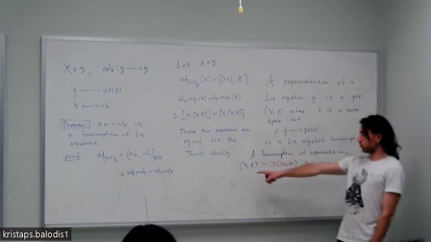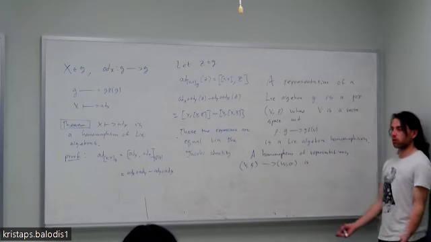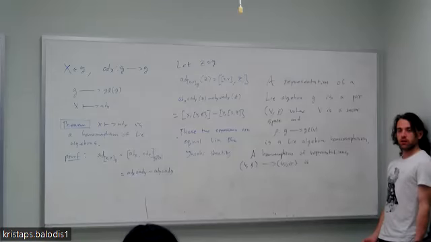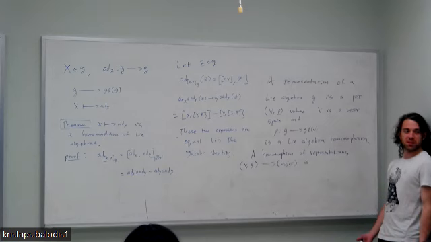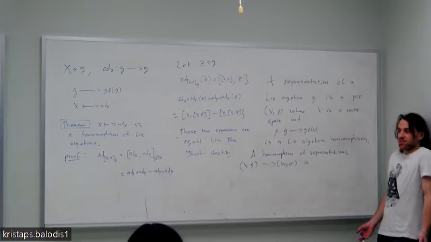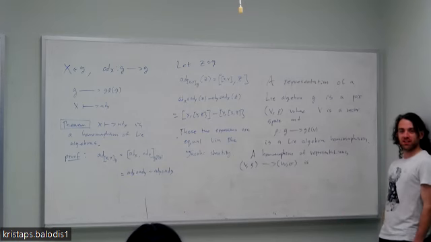Well, let's look at the first coordinate first. What are V and W? They're vector spaces. So what should part of the data of my map be then? A linear transformation. I have these two pieces of data.